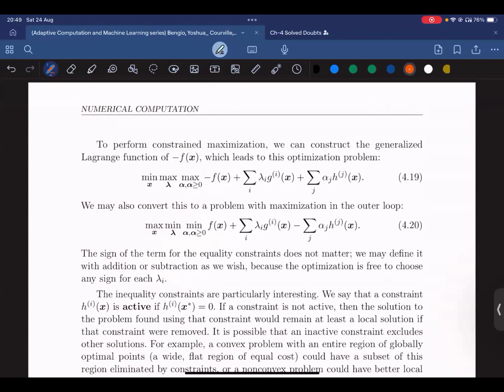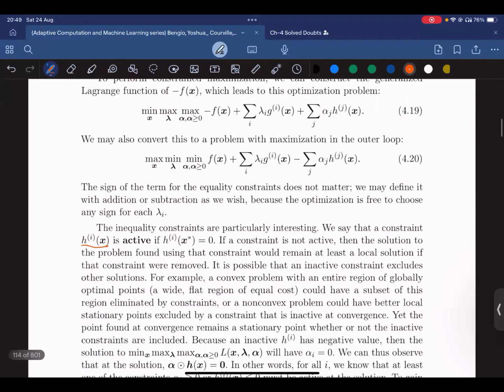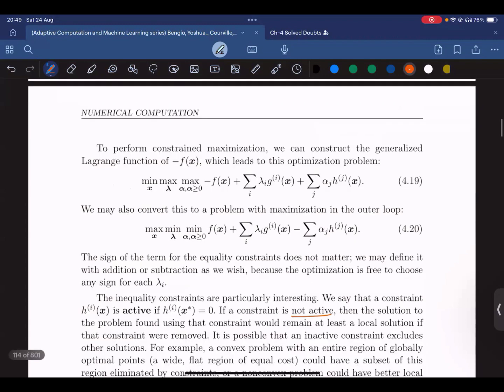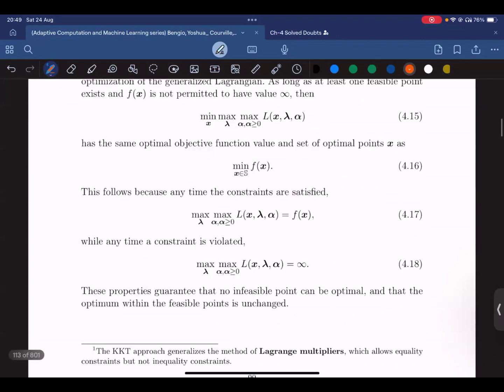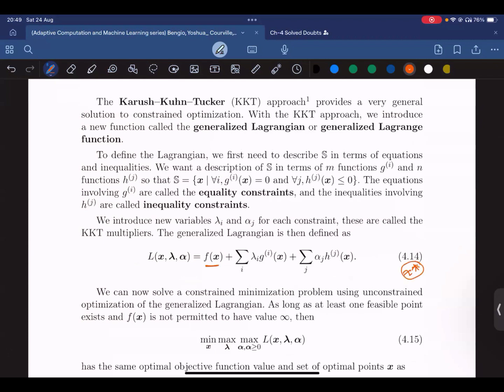We say the constraint h of x is active if this is 0 for that value of x, and if it is inactive, then we can simply delete that constraint itself. So if the constraint h j of x is inactive, that is, it is less than 0 and not equal to 0 at x star, then even if we remove this constraint from the problem, x star will still turn out to be a local minimum.